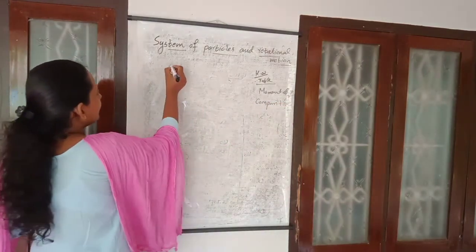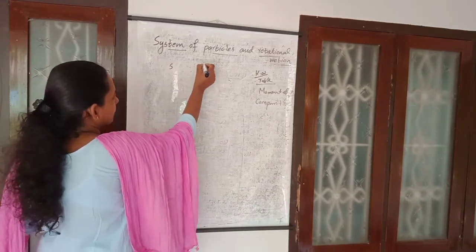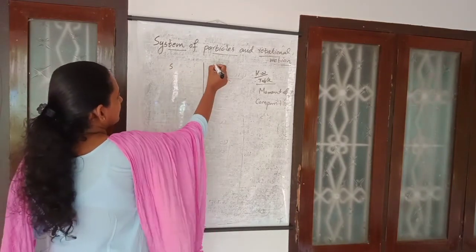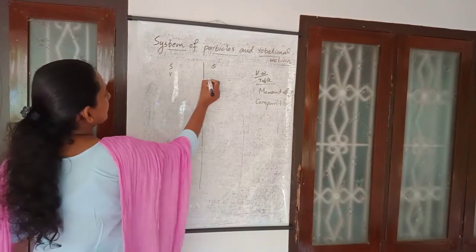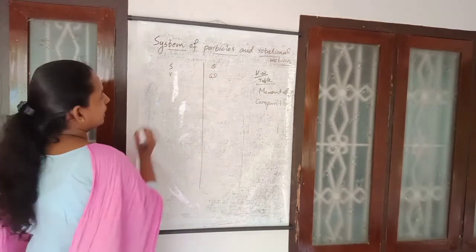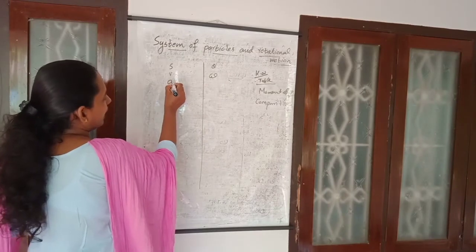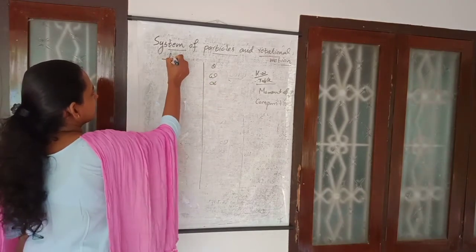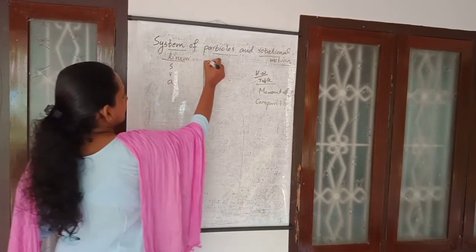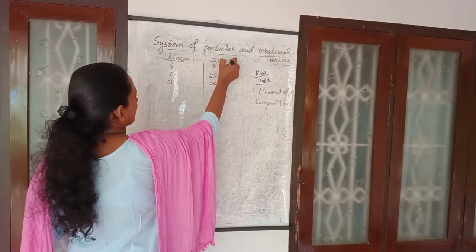So in linear displacement S, in rotational motion it is theta, and then linear velocity V, rotational velocity omega. In linear it is a, here it is alpha. This is linear motion, this is rotational motion.